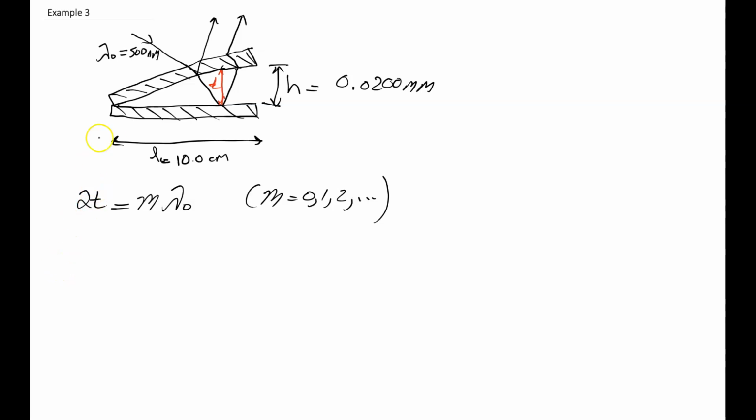If we consider the triangle up to t, and then the triangle all the way through h, we have a similar triangle.